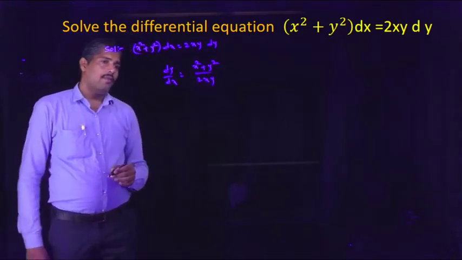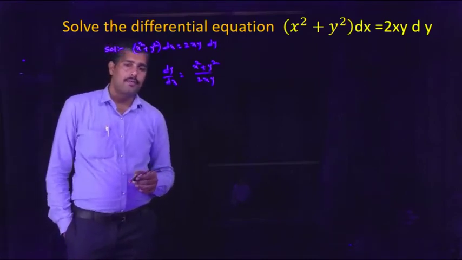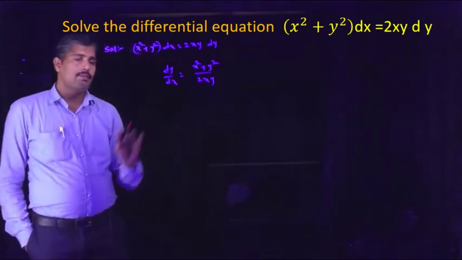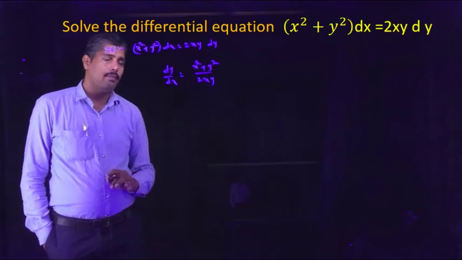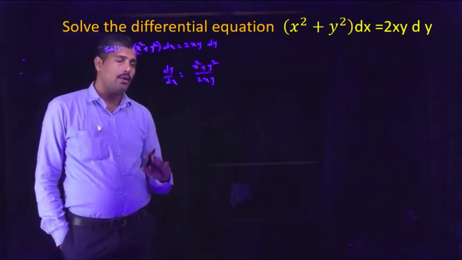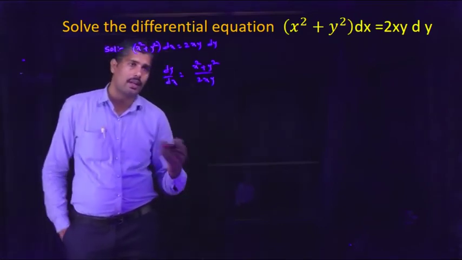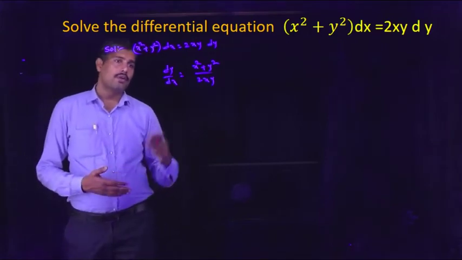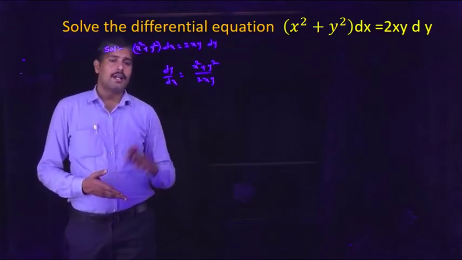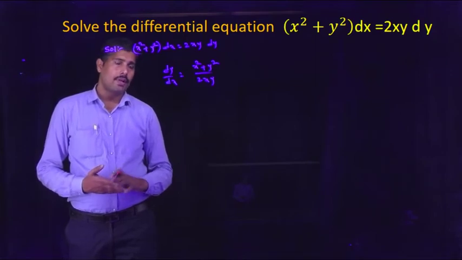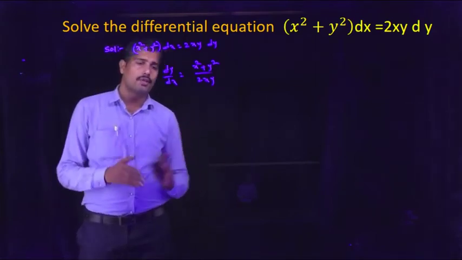When the problem is given, it can be solved by using the variable separable method, homogeneous, non-homogeneous, linear differential equation, or Bernoulli's equation. He is not mentioning that, but we are identifying how to solve this one.